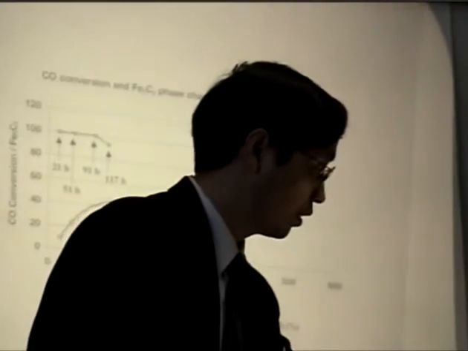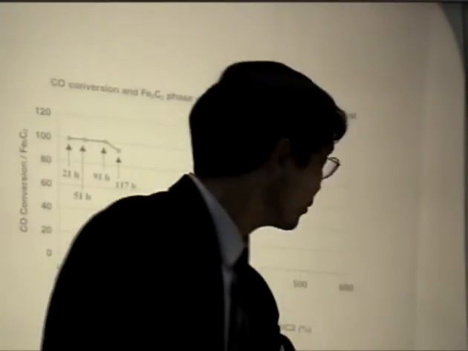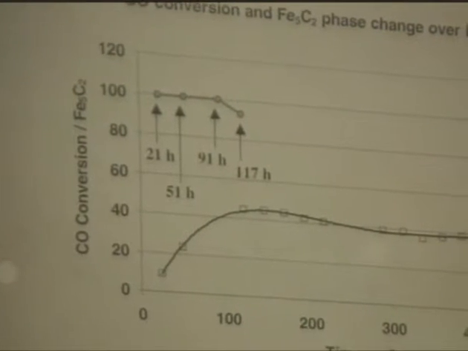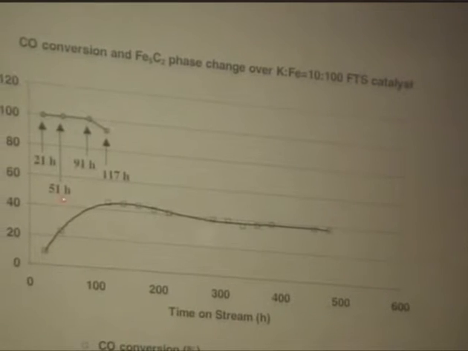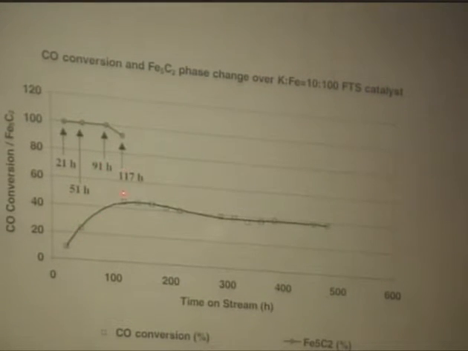Then for the promoted catalyst, that's the catalyst with 10% of potassium, we took samples during this time period: 21 hours, 51 hours, then 91 hours to almost 120 hours. We tried to understand what's going on during the induction period.